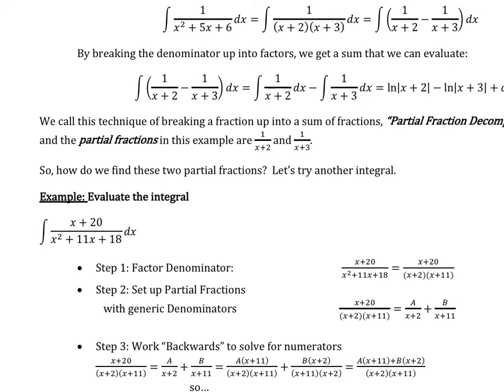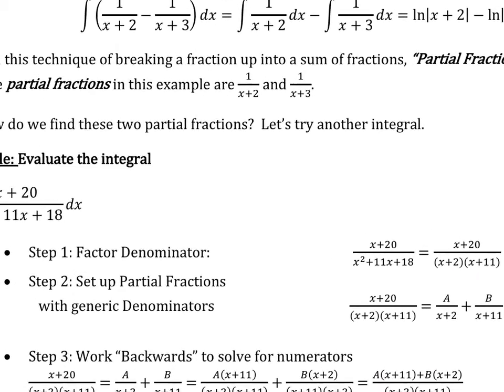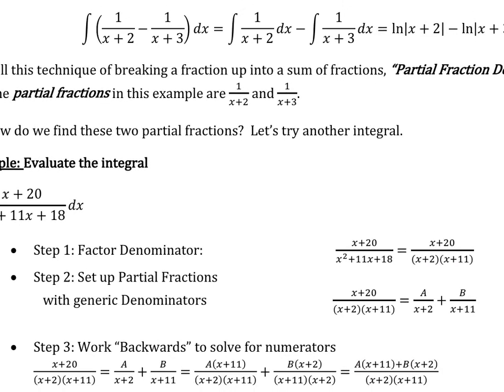So what we're hoping we can find is two fractions, one with a denominator of x plus 2 and one with a denominator of x plus 11. We're just kind of hoping that we can break this up. So we're going to kind of work backwards here.